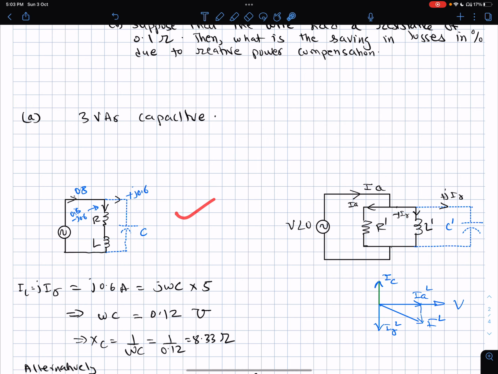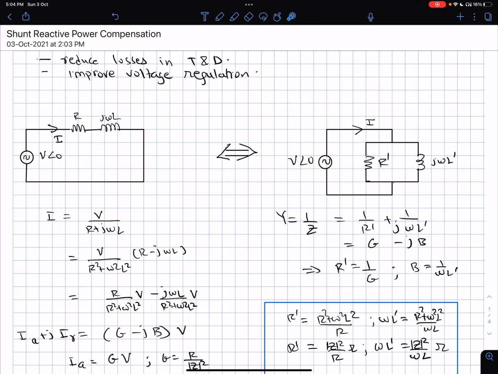But the convenience of shunt compensation is so much, and it is so easy to do it at 220 volts or 400 volts level, that it is most best done traditionally as a shunt compensation device. Series compensation, however, is an alternative way of compensating for the reactive power.